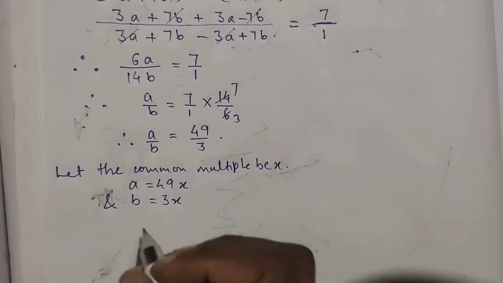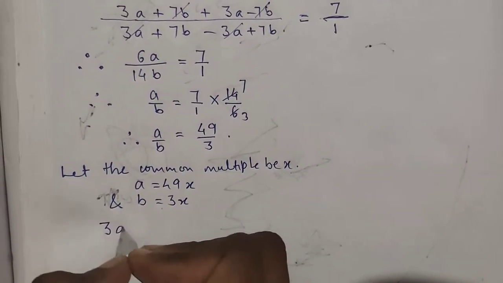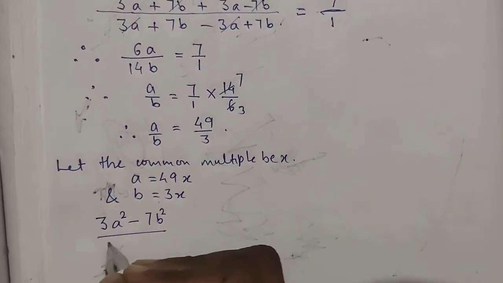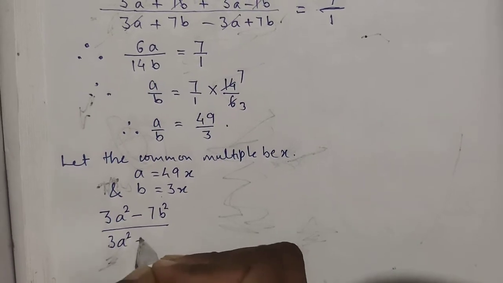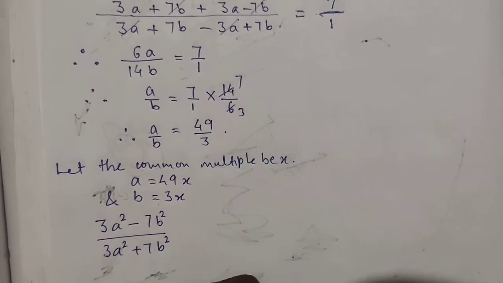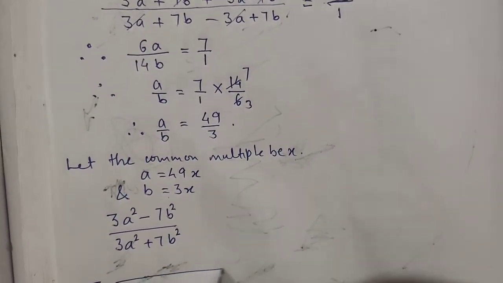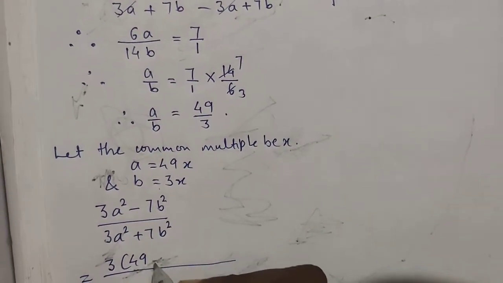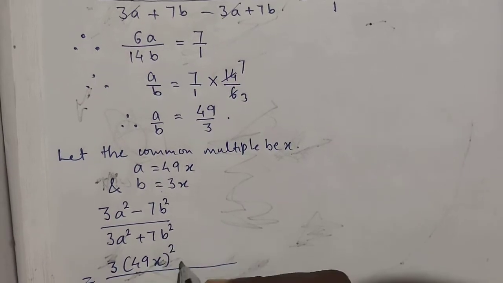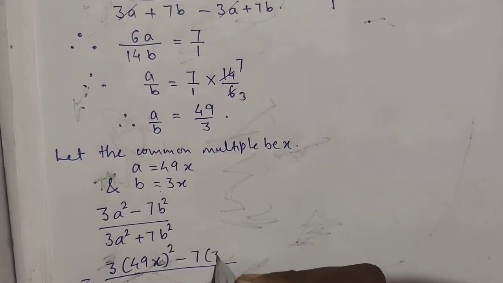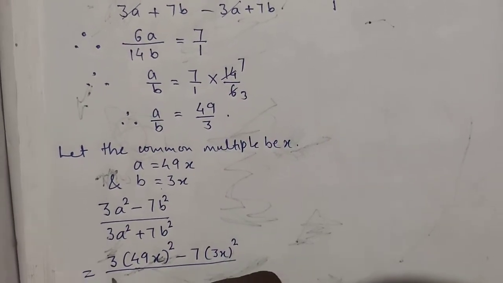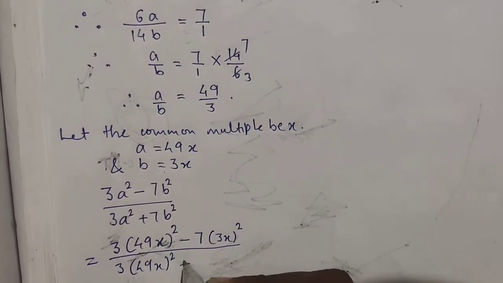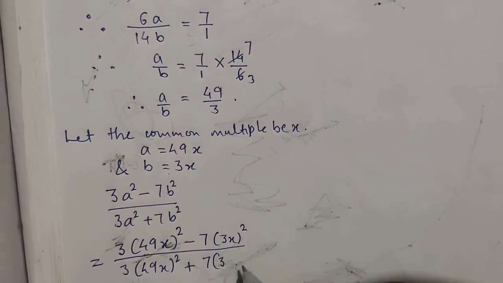Now what we want to find out is 3a square minus 7b square upon 3a square plus 7b square. Now in this you are going to put the values of a and b. So this is 3, your a is 49x, so the square is there, minus 7, your b is 3x, so 3x square. Same thing will be here also, only here we are going to put the plus sign.